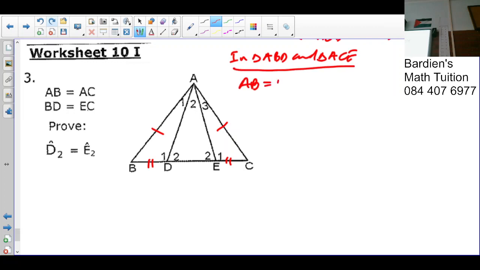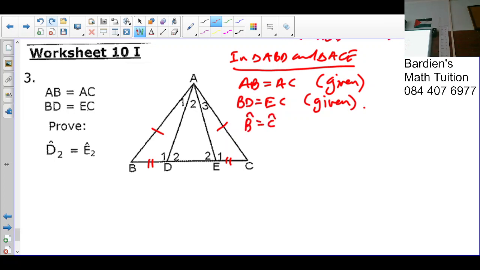That AB is equal to AC. Why? That was given to us. Then BD is equal to EC. Why? Given. Then we're going to say that angle B has to be equal to angle C. Why? Angles opposite equal sides.